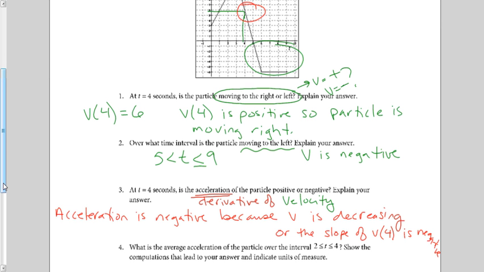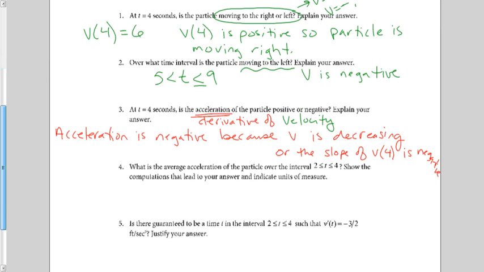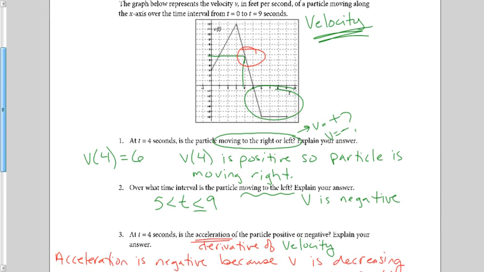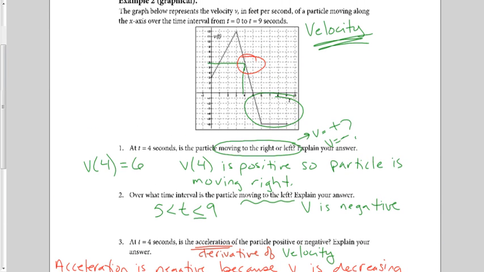Number 4, what is the average acceleration of the particle over the interval from 2 to 4? So let's talk about what the average acceleration is going to be. The average acceleration is going to be the velocity at 4 minus the velocity at 2, so the change in speed divided by the change in time. I'd already calculated v of 4, and I got that to be 6. And then v of 2, I must scroll up and look at my graph. V of 2 looks like it's at 9.